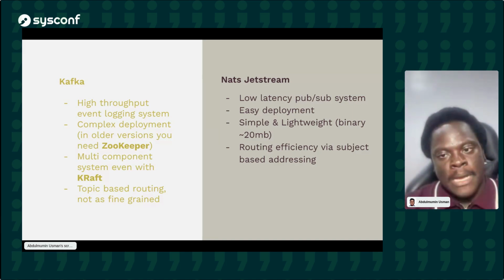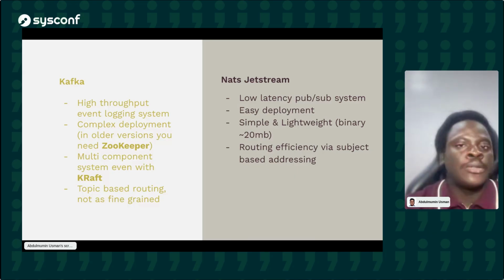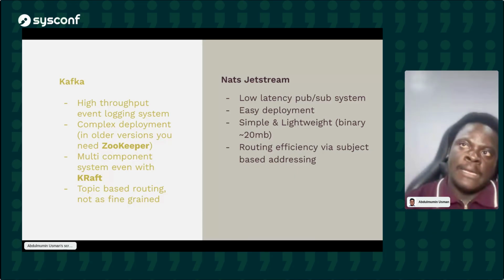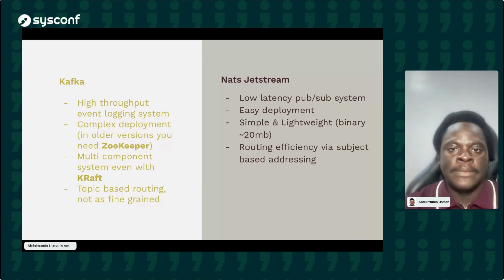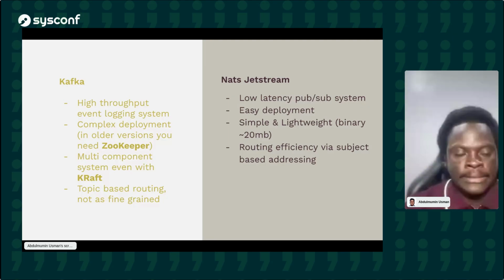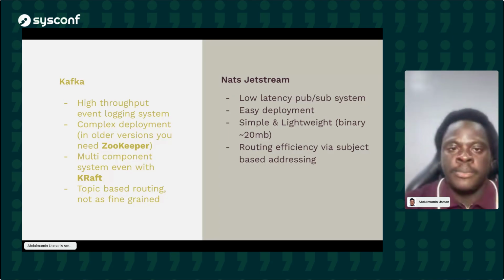Then another thing that really stands out is the routing efficiency of NATS. NATS has subject-based addressing, as opposed to topics in Kafka, where you have to create a topic for each event.